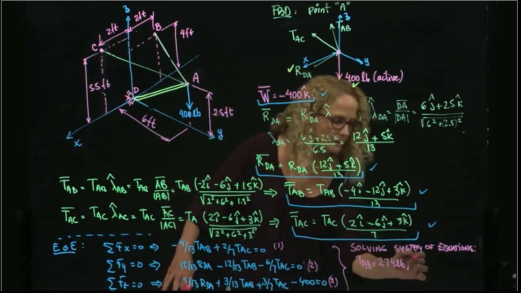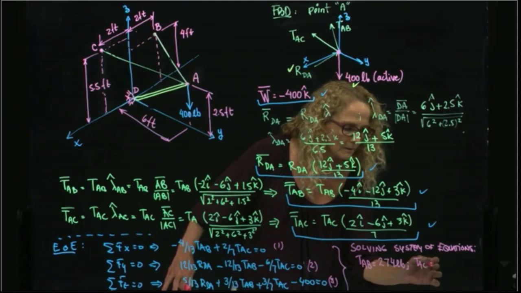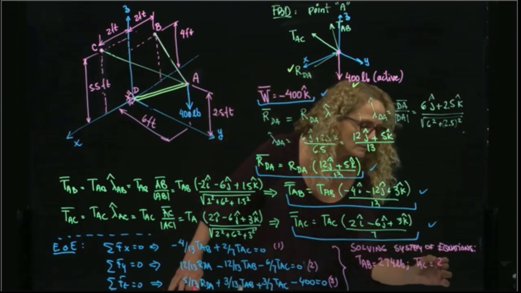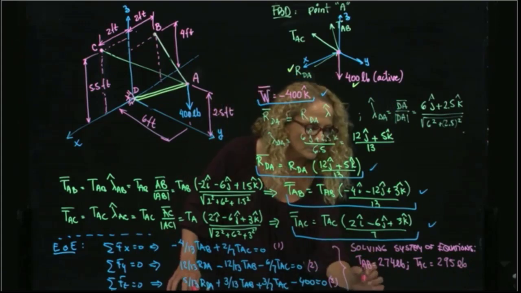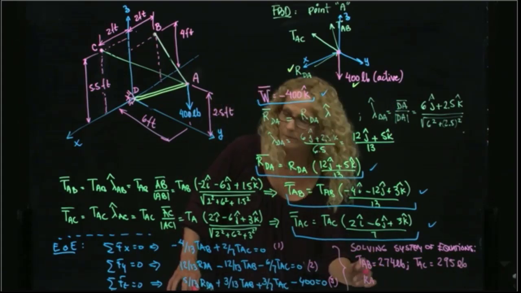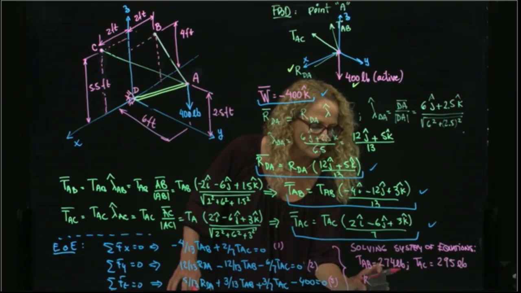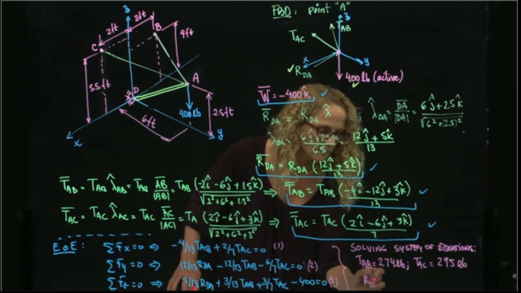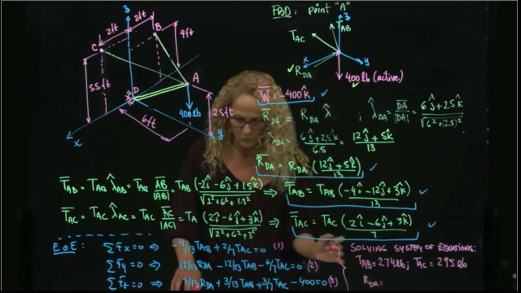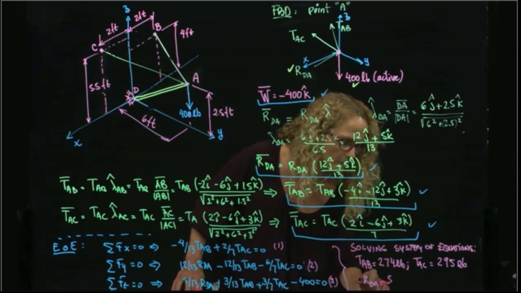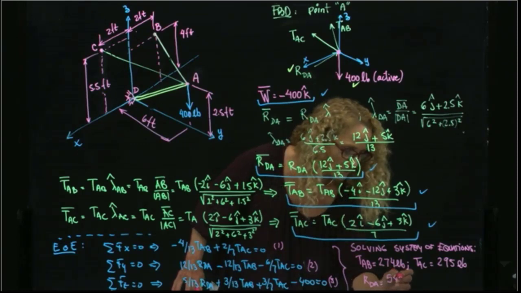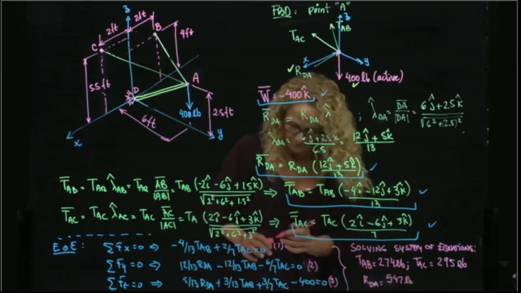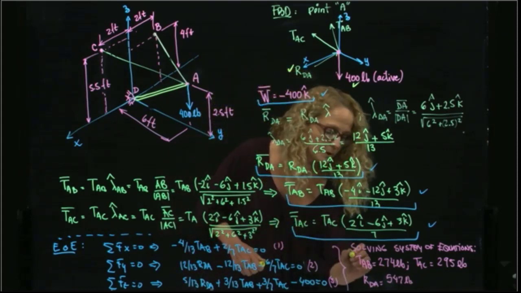Then I have TAC equal to 295 pounds. And the reaction AD, or DA as I call it, DA is equal to 547 pounds.